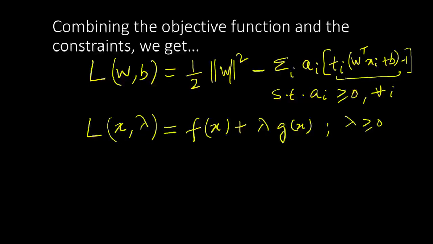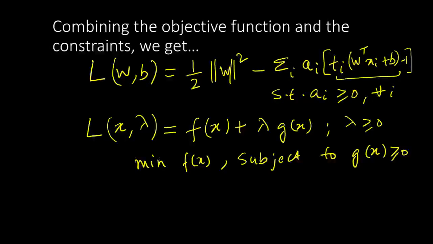If we want to minimize this function, we are encoding minimizing f of x subject to g of x greater than or equal to 0. This first form and this second form are equivalent.